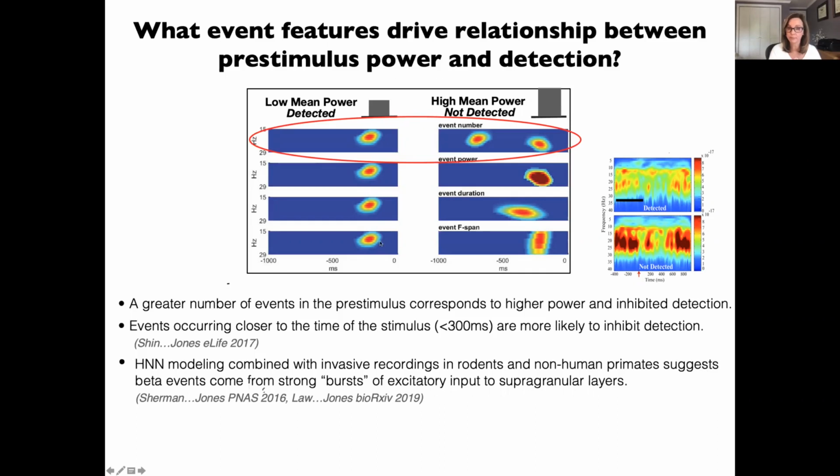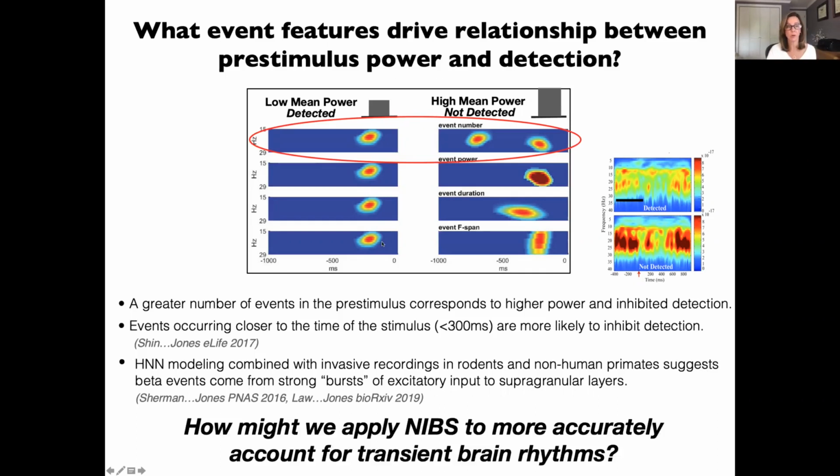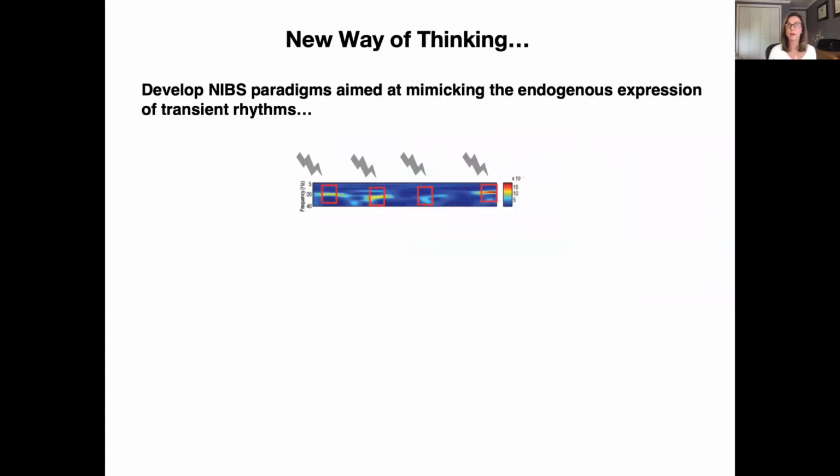Okay, so now that we know these rhythms are transient, we have to re-ask the question, how might we apply non-invasive brain stimulation to more accurately account for these transient rhythms? And so what we're doing now is we're trying to adapt a new way of thinking, where we're developing brain stimulation paradigms aimed at mimicking the endogenous expression of these transient rhythms.